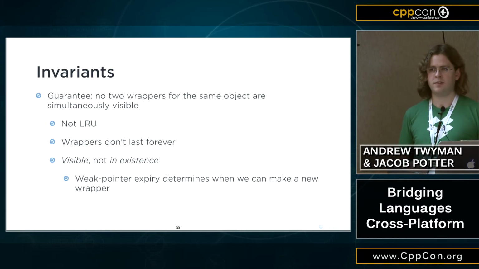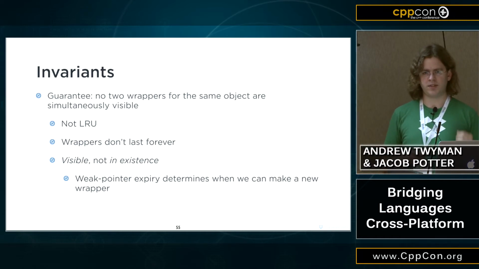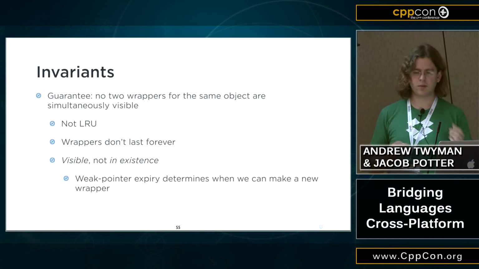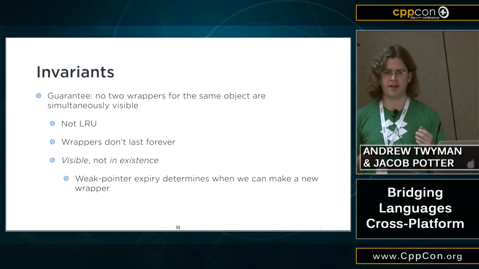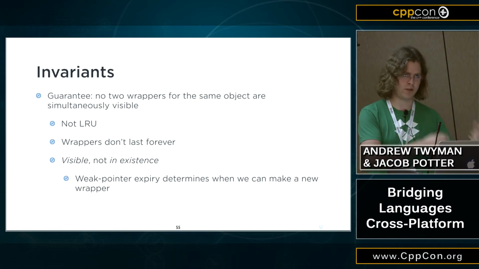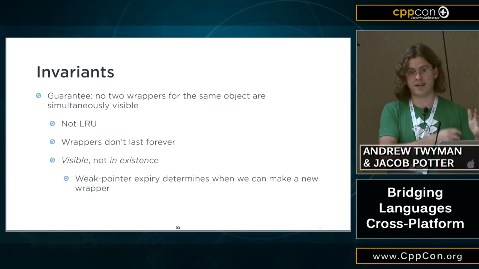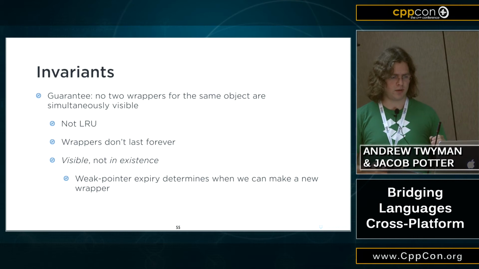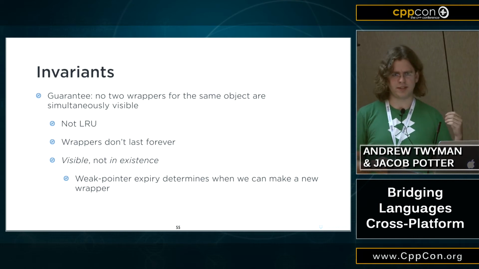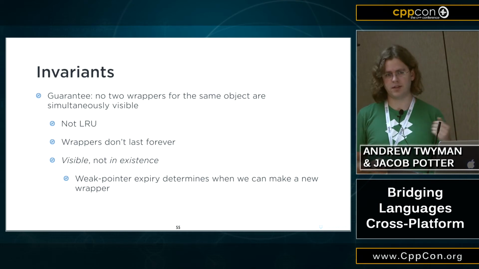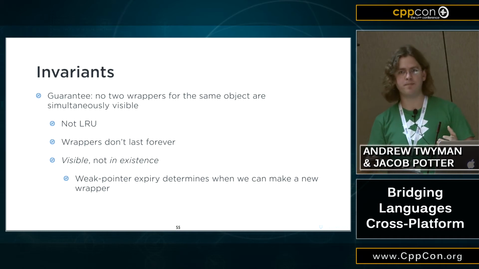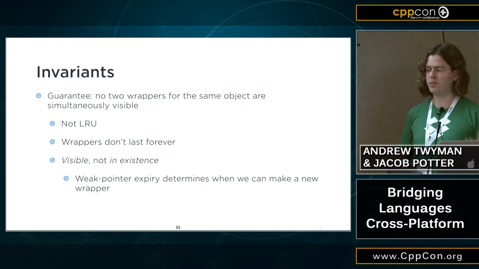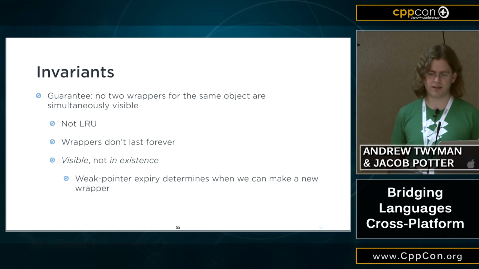And we only care about whether we can get into a situation where someone, let's say in C++, has two different wrappers that can pair differently but refer to the same object. We don't want that to happen. So it doesn't matter if these wrappers last longer than they should. We only care if they're visible, if someone can actually have two of them, which weak pointer gives us exactly those things we need.